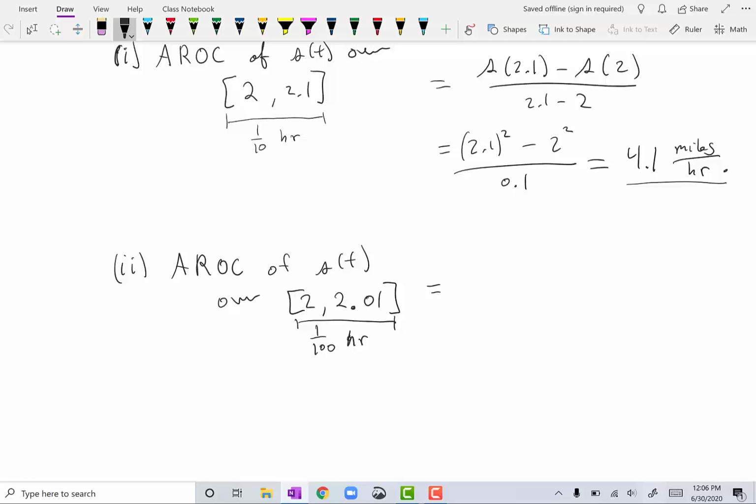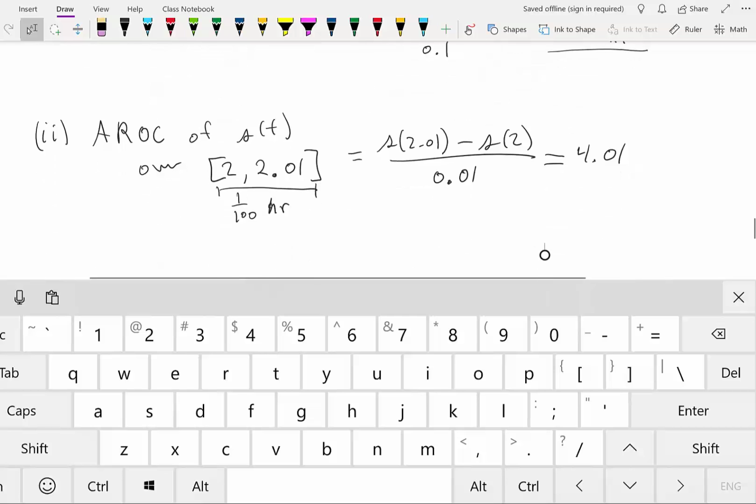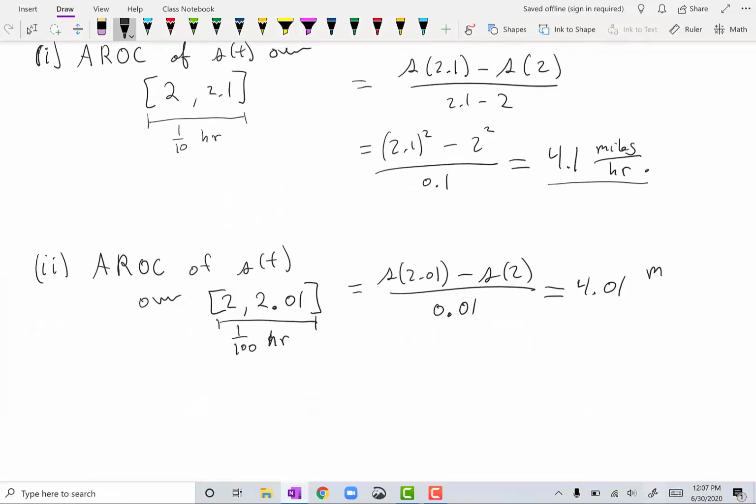And we do the same formula, so it'll be s of 2.01 now, minus s of 2, over 0.01. So if you throw that all into a calculator, you get 4.01. So it looks like it's getting closer to 4, and this has the same units, miles per hour.